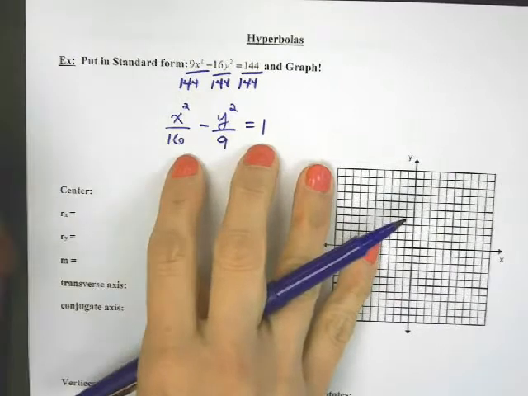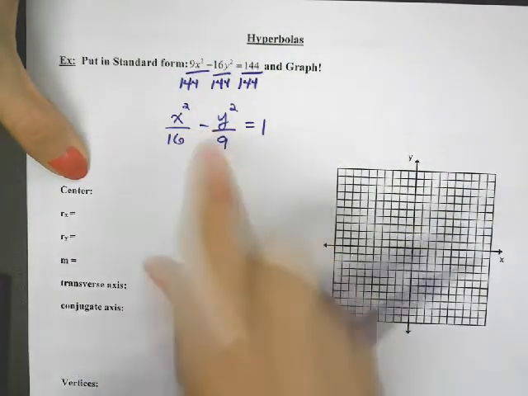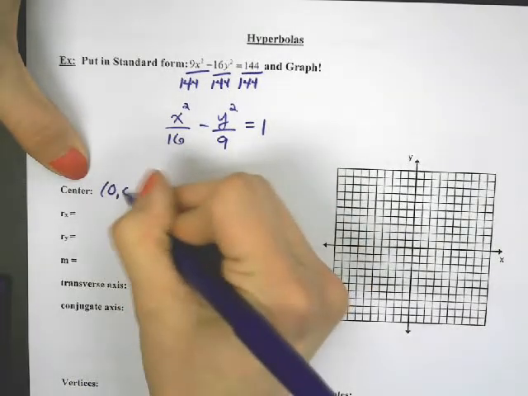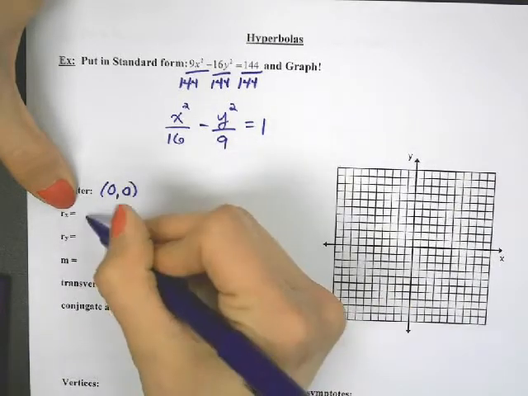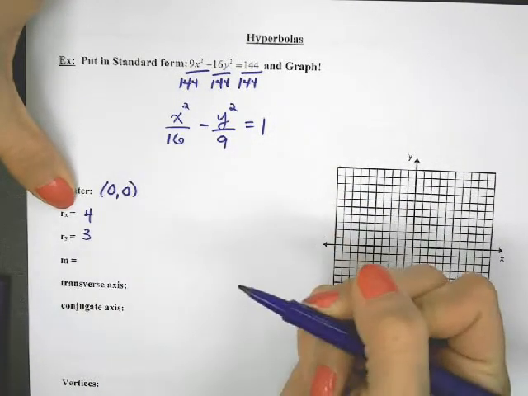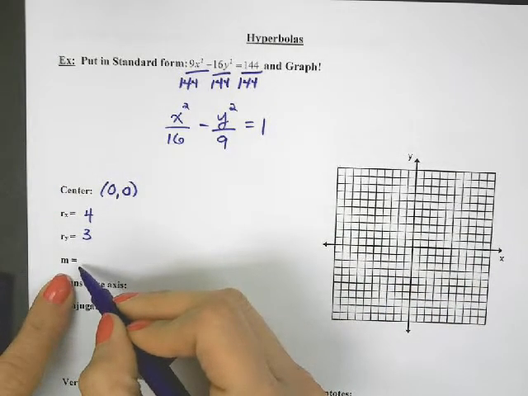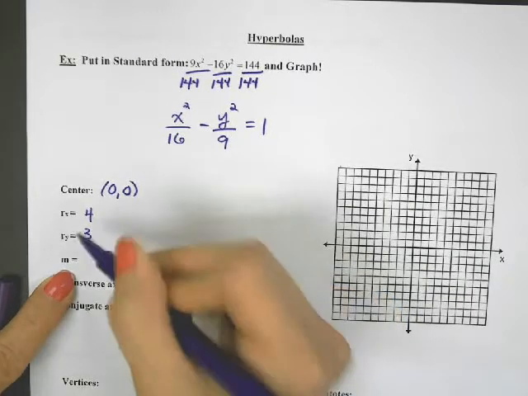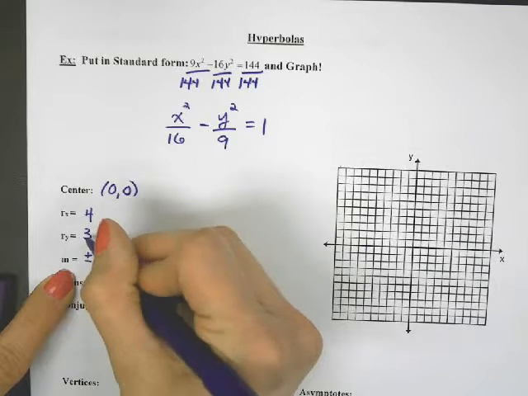All right, so looking at this equation, there's a couple things you should know. The center for this hyperbola is nice and easy, 0, 0. Okay. R sub x, make sure you square root, is going to be a 4. R sub y is going to be a 3. The slope for these things is going to be r sub y over r sub x, and I'm going to say plus minus here.